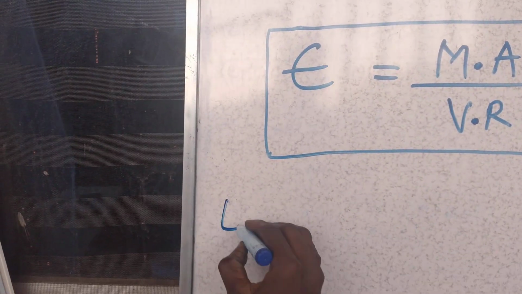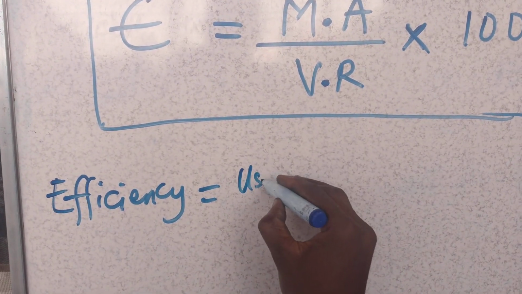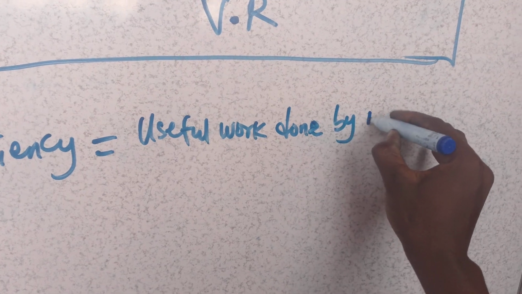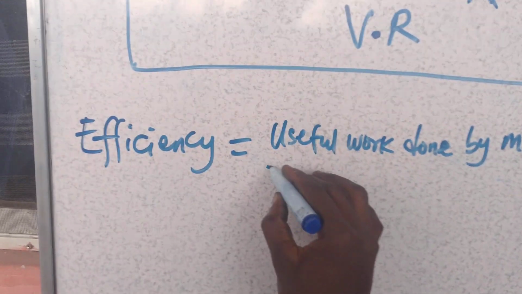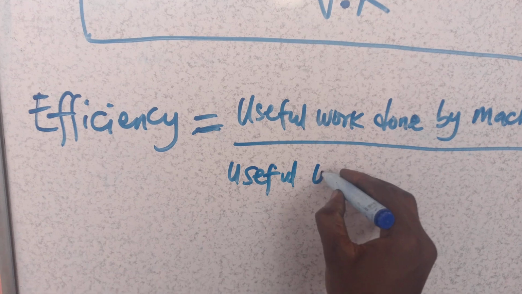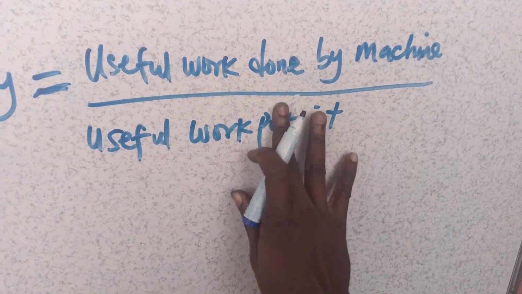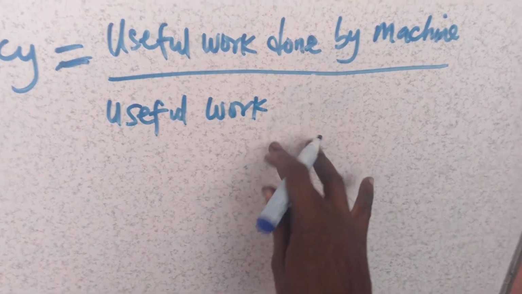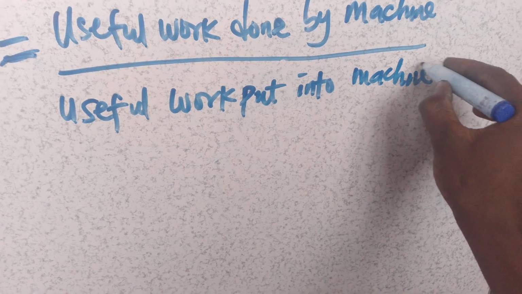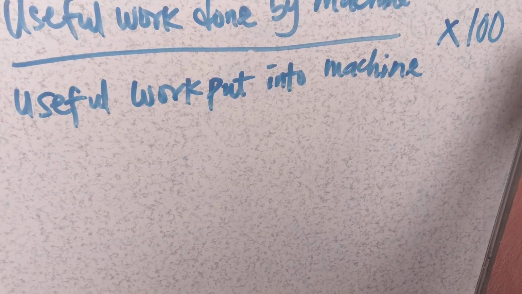Efficiency is also equal to useful work done by machine over useful work put into the machine, multiplied by 100, measured in percentage.